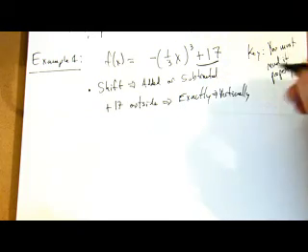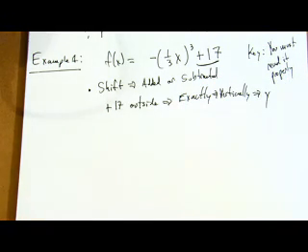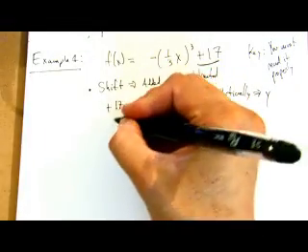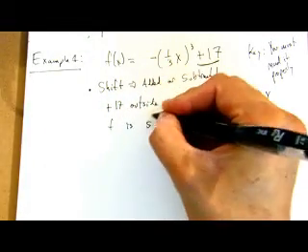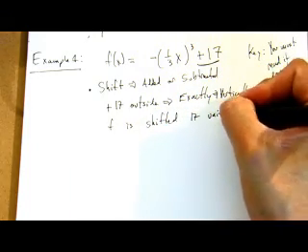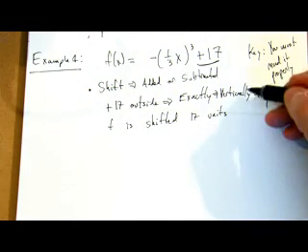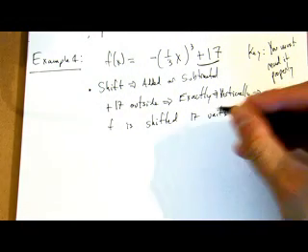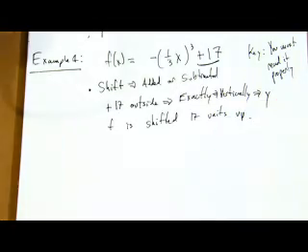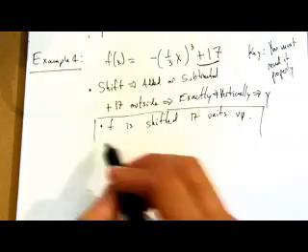And vertically means I'm doing it to the y. So f is shifted 17 units, and because it's plus, that means up. So shifted 17 units up. That's the first one here. Okay? So I will box this in. This is my first part of my answer.